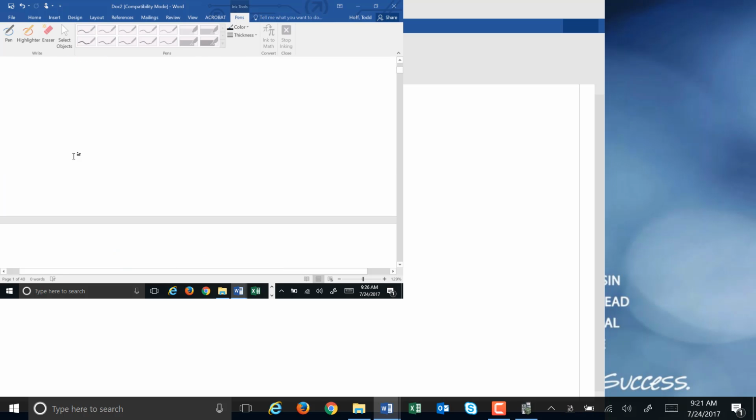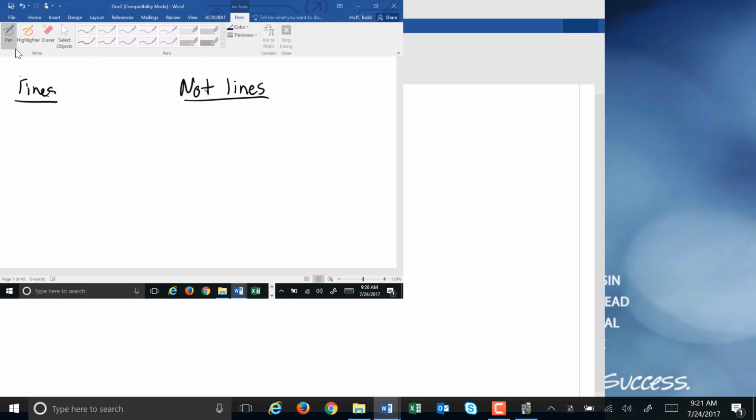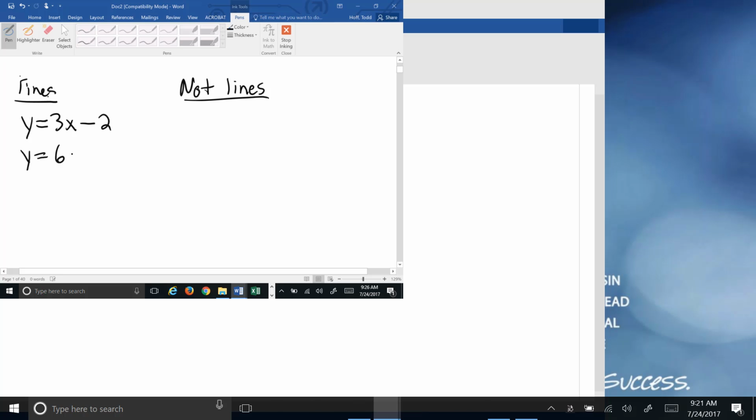So those were lines. Y equals x squared plus 2x plus 1 was not a line.